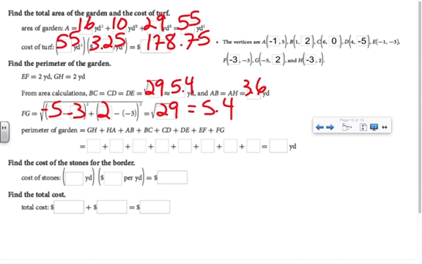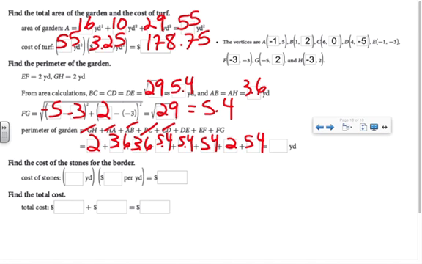So the perimeter is 2 plus 3.6 plus 3.6 plus 5.4. Another 5.4. Another 5.4. EF was 2. FG was 5.4. So add that all up, what do we have?